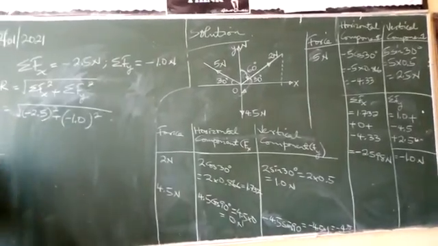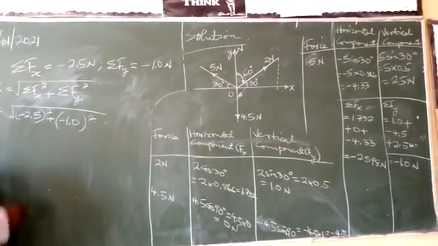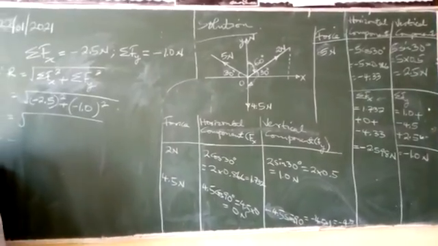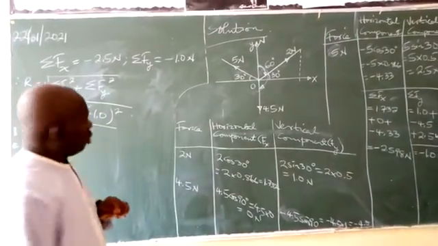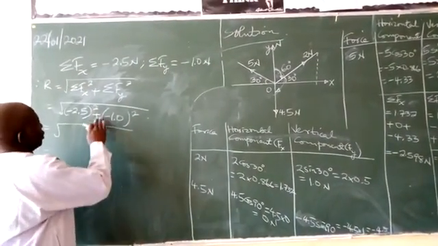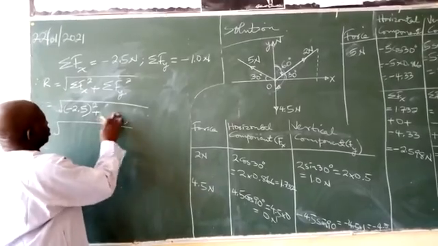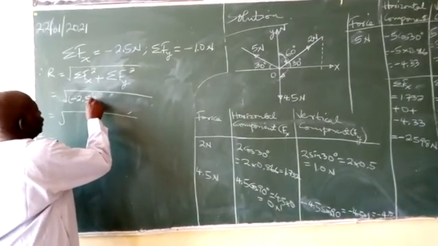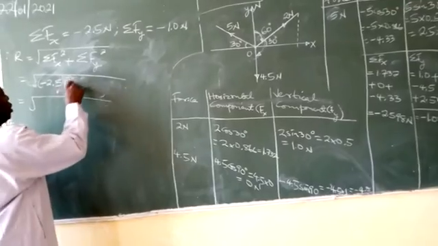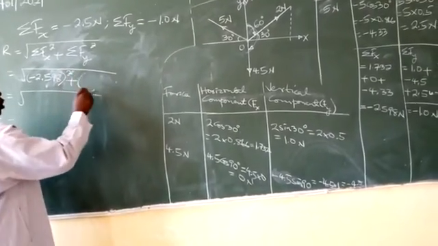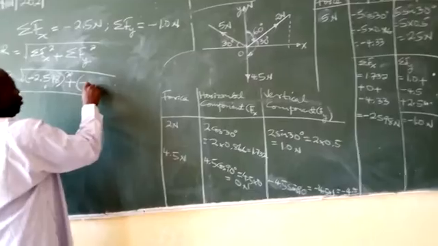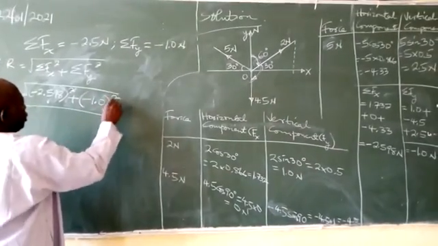Now, isn't it 2 point minus 2.598? Is that not what we got? Minus 2.598, oh okay, it's true, yes. All squared plus minus 1.0 all squared.